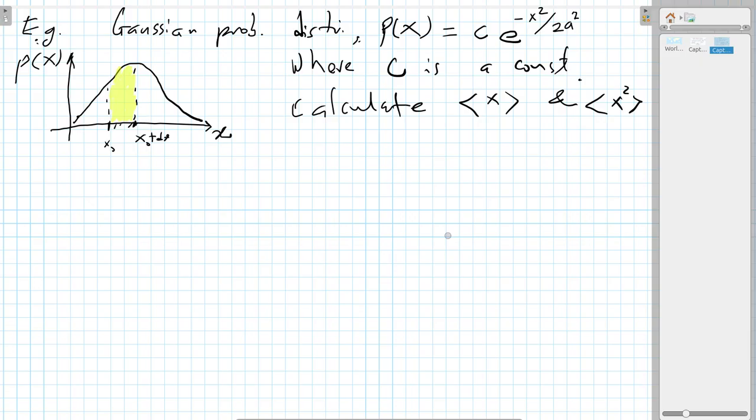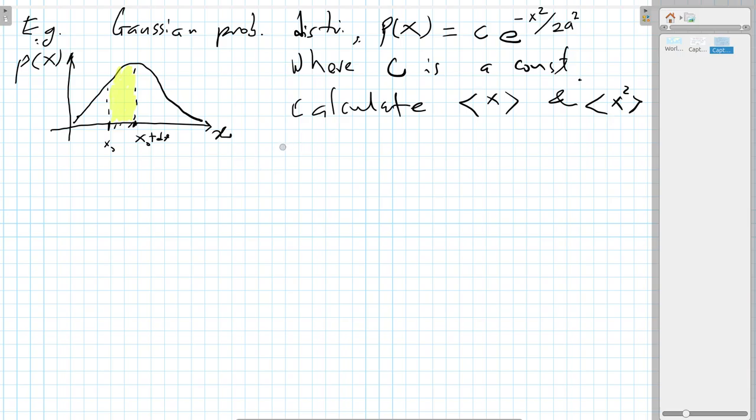Well, you can do that using the definitions we've got earlier, but to begin with, the definition is that once you know the probability distribution, then you can integrate, for the case of continuous variables, to compute averages, right?